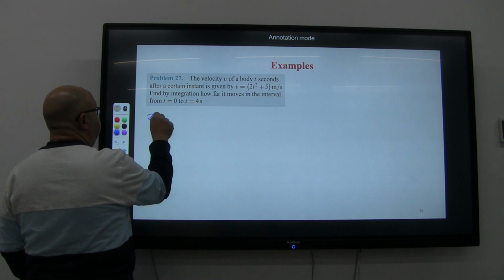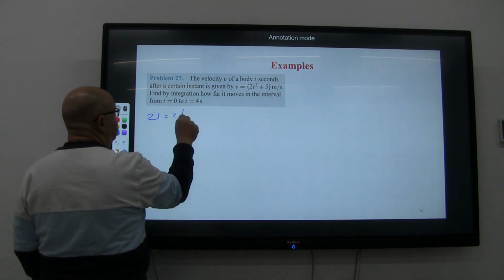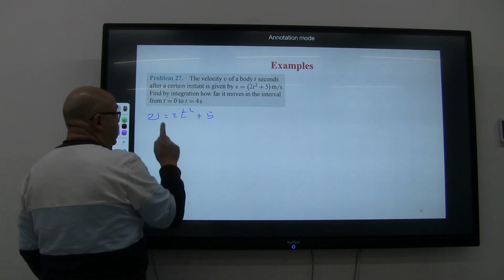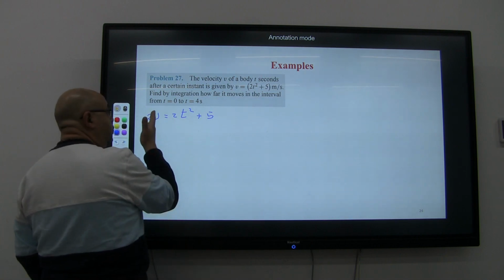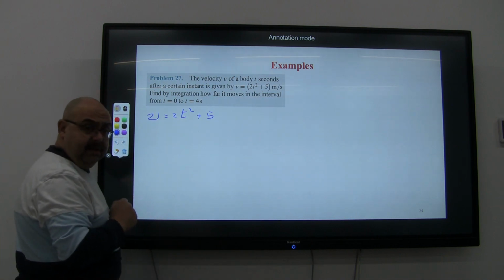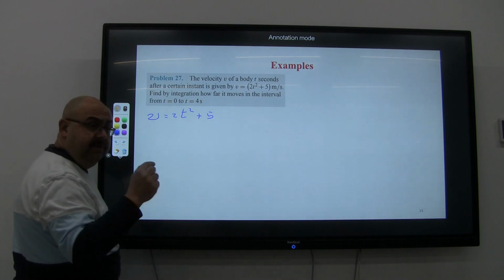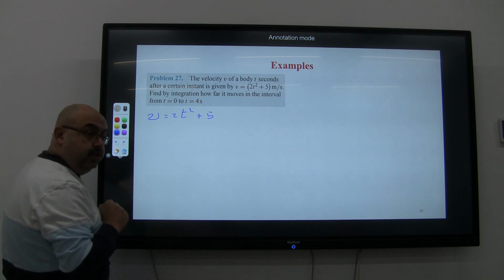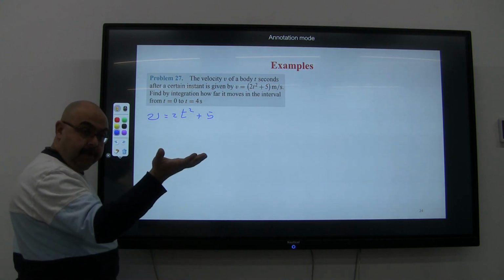So I have v equals 2t squared plus 5. This is going to be symmetric about the vertical axis, and if t equals 0, the vertex will be at 5. The coefficient in front of t squared is positive, so it's moving upward.